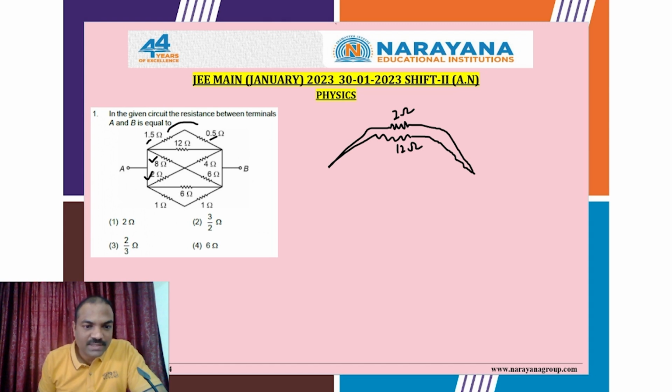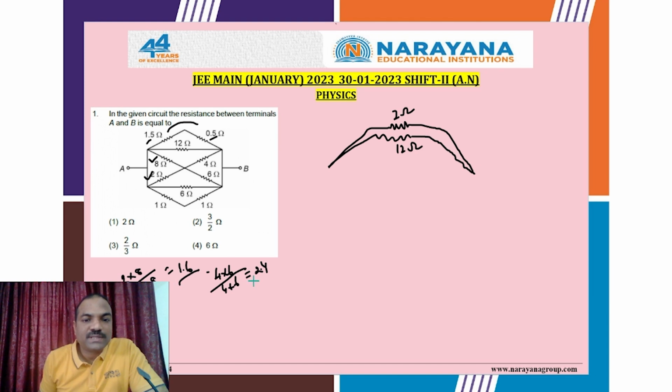Their effective resistance will be 2 into 8 by 2 plus 8, which is 16 by 10, 1.6 ohm. Then this 4 and 6 will be in parallel again, so that effective resistance will become 4 into 6 by 4 plus 6. These are very easy and fundamental questions.